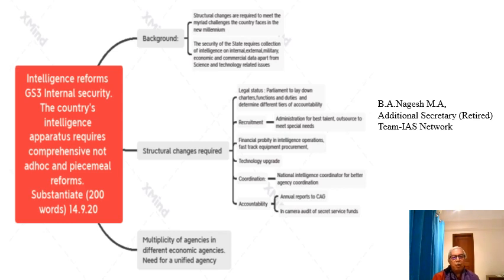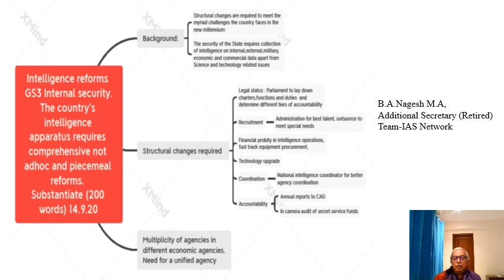So when we see the question and the discussion, it is very clearly brought out in the answer that the country's intelligence apparatus requires comprehensive, not ad hoc and piecemeal, reforms. Why it requires comprehensive reforms is, as I told you, the country's immediate external environment, then threats from cyber warfare, then money laundering.